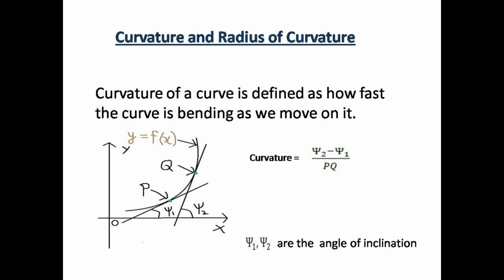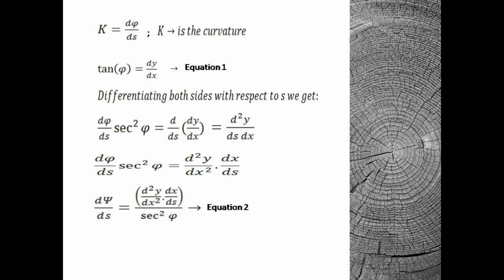And what we get here is curvature is given by psi 2 minus psi 1 over PQ, where PQ is the arc length as one moves along the curve from point P to Q, and psi 2 and psi 1 are the angles of inclination, as I have already mentioned. The curvature that we got is what we call the mean curvature.